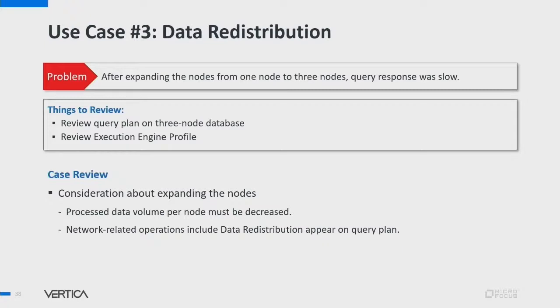If you expand the nodes on your database, it decreases the data volume processed by one node. It improves the query performance, but it needs network-related operations to communicate between the nodes. It may affect the query performance.